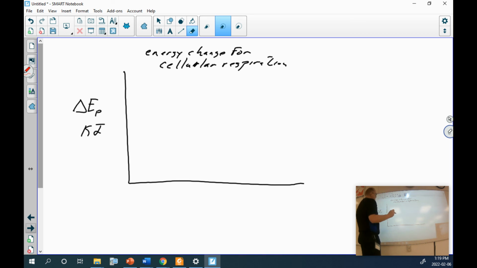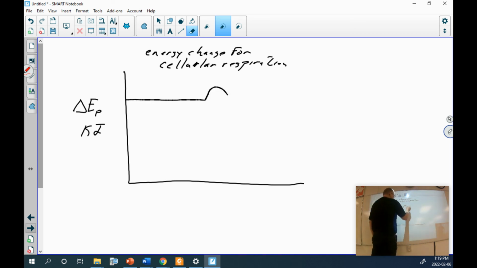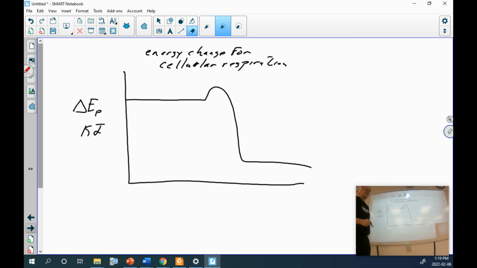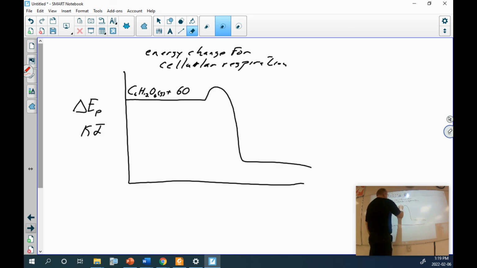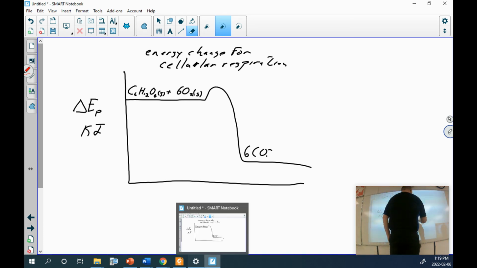We have an exothermic process that's going to look like this. Again, I'll explain to you what that bump in this potential energy diagram is in a couple of days. C6H12O6 solid plus 6O2, so I need to include my states of matter and my reactants here. My 6 CO2 gas and 6 water here.